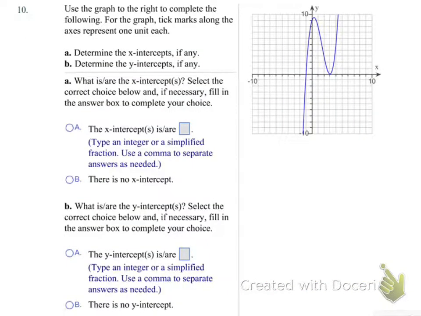Now, we have to remember what it means to be an x-intercept. An x-intercept is where the graph intercepts the x-axis. And we'll see that the x-intercept occurs here, and the coordinate of this x-intercept is 3, 0.